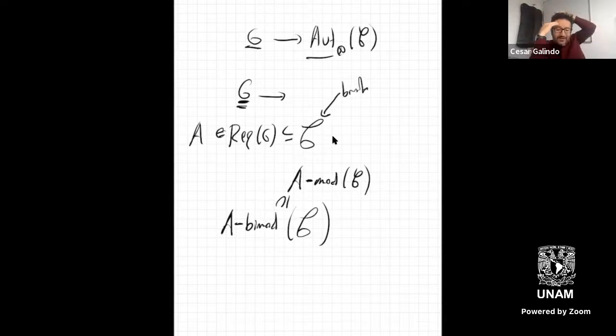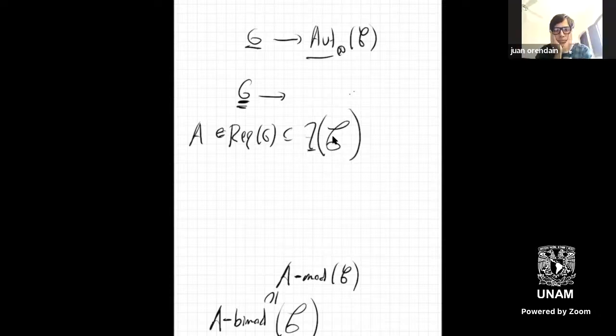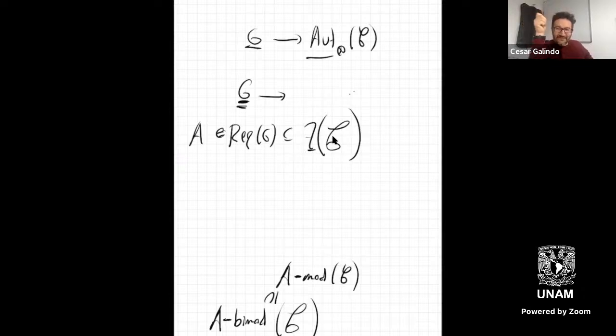So how can I solve this problem? The idea is in some sense quite simple. Instead, you take an inclusion inside of the Drinfeld center. If you have an algebra in the Drinfeld center, now you have this half braiding, and this half braiding allows you again to give an inclusion of A-modules inside of A-bimodules.